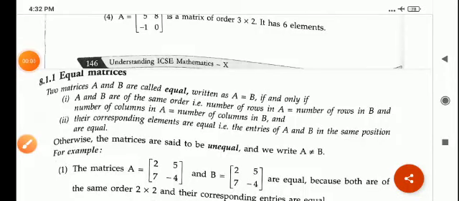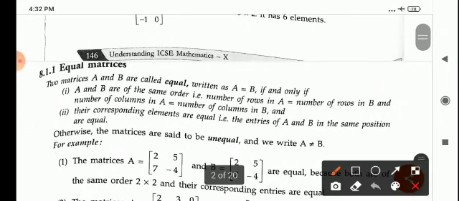Good morning once again. Now I will discuss equal matrix. Children, what is equal matrix?